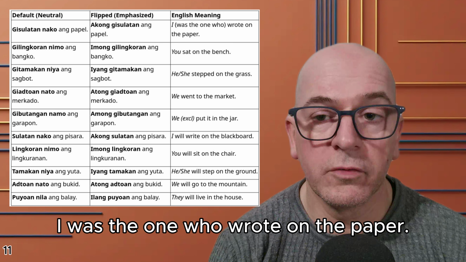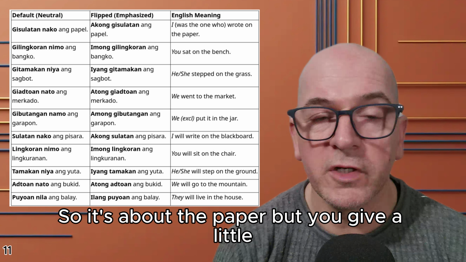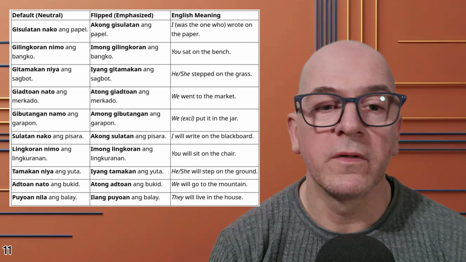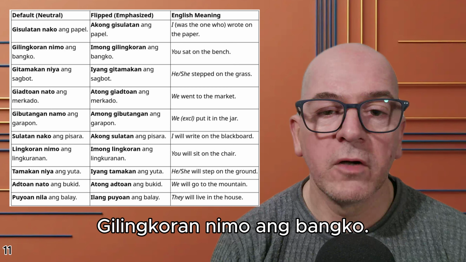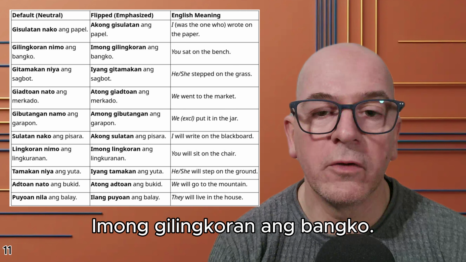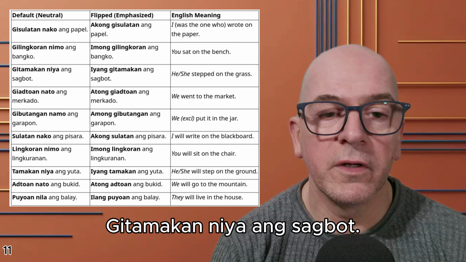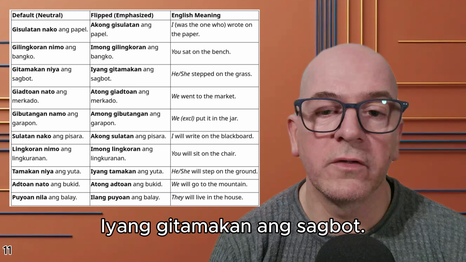I was the one who wrote on the paper. So it's about the paper, but you give a little more attention to the person doing it. Gilingkoran nimo ang bangko. Imong gilingkoran ang bangko. You sat on the bench. Gitamakan niya ang sagbot. Iyang gitamakan ang sagbot.